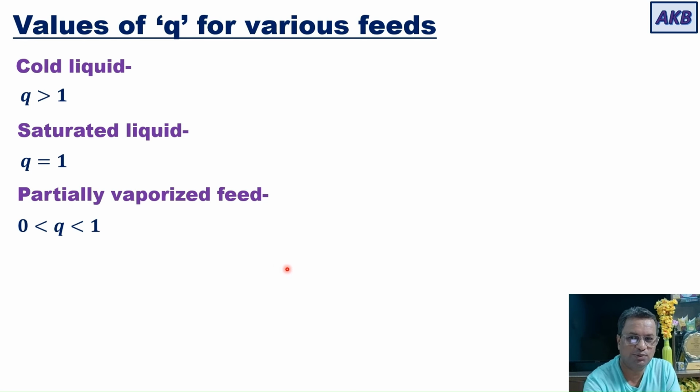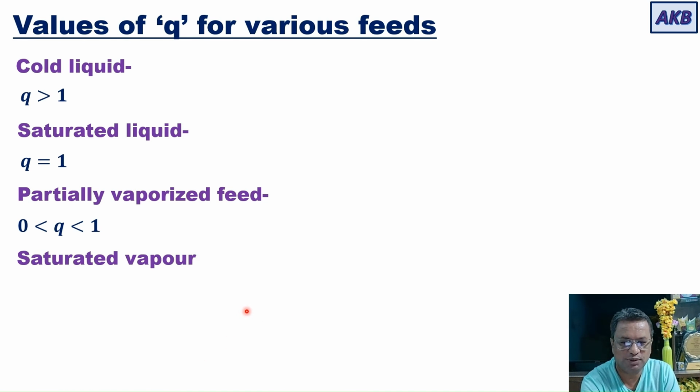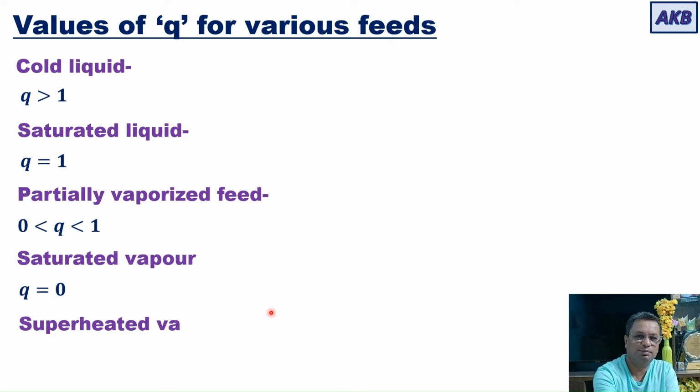It is not 0, it is not 1, but between 0 and 1. Then for saturated vapor, Q is equal to 0. And for superheated vapor, Q is less than 0. Okay, so with this, I end my discussion. So at the end of this discussion, I'm sure now you'll know what are the values of Q for different types of feed to a typical tray column.